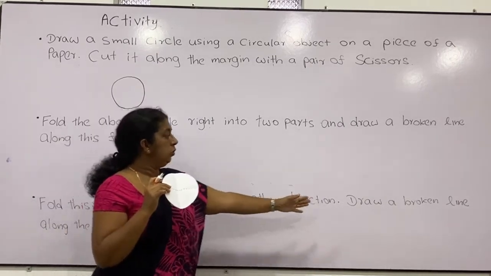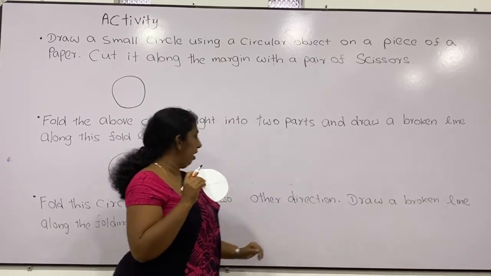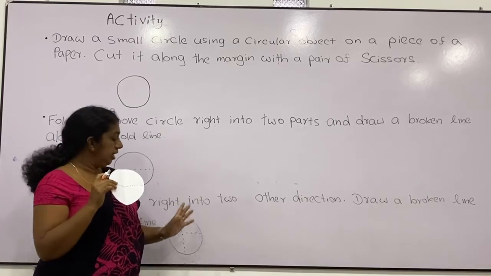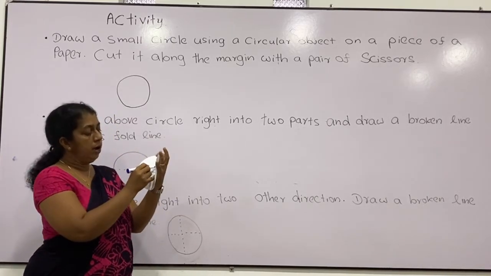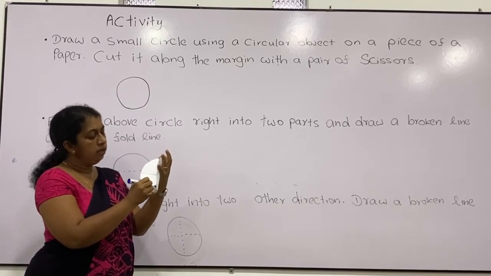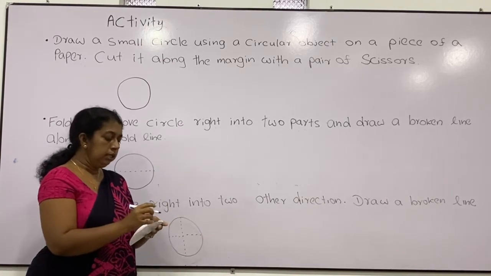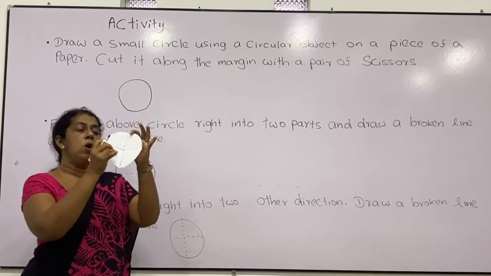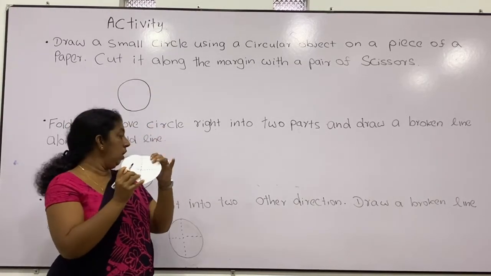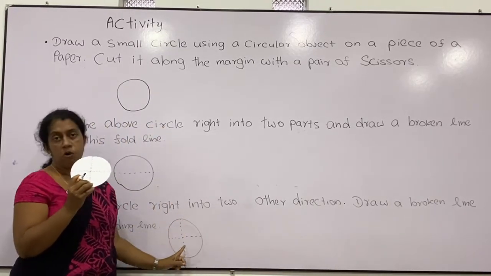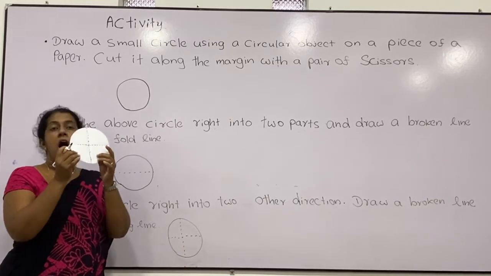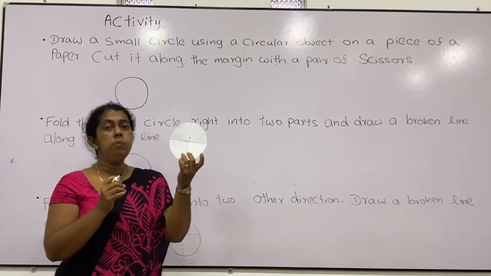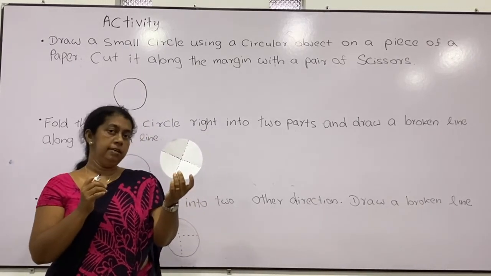So what you have to do? Draw a broken line along this folding line. Now you have to take your pen and draw a broken line again, like this, along the second folding line. Now, how many broken lines do you have? There are two broken lines here.